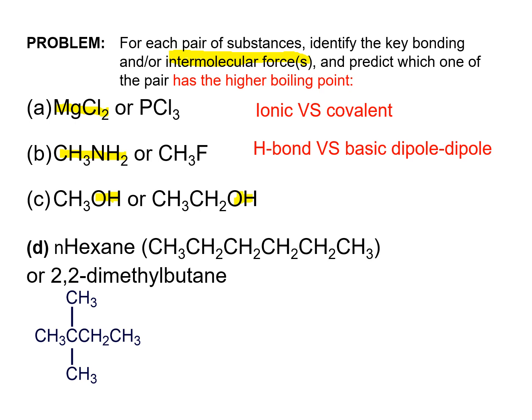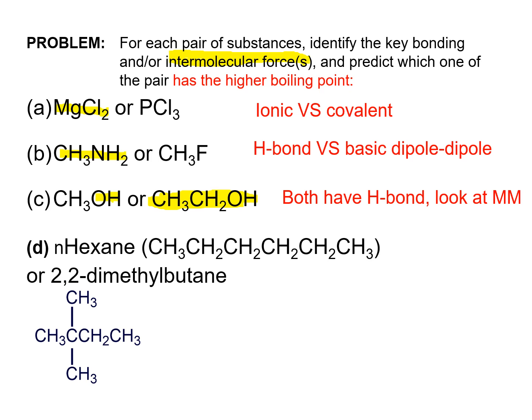So those are strong interactions, but they are the same. So the next thing we are going to look at is the background dispersion forces that are always there. And because ethanol has a larger number of atoms, has more electrons, it is going to be the one with the highest boiling point.